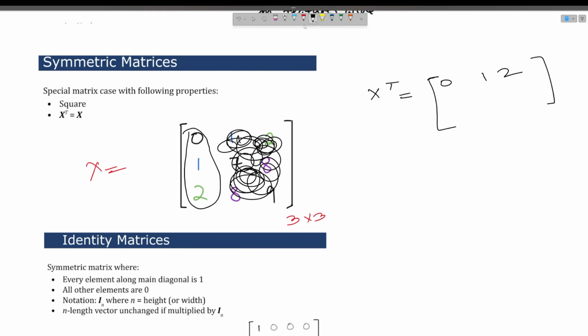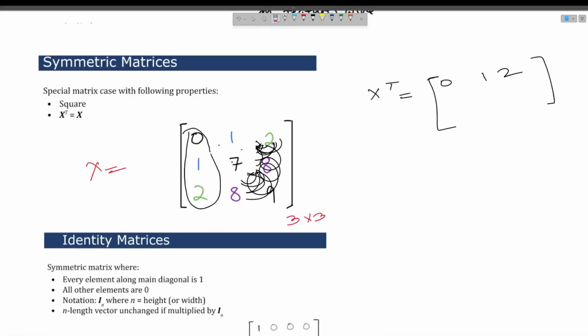No issues. Then I will just remove this part. This is how we are doing the process. 1 7 8 as a whole is in a column, so we put that here in the row. 1 7 8, done. This whole column has been taken to row format.